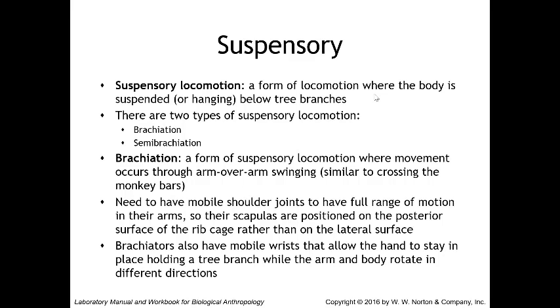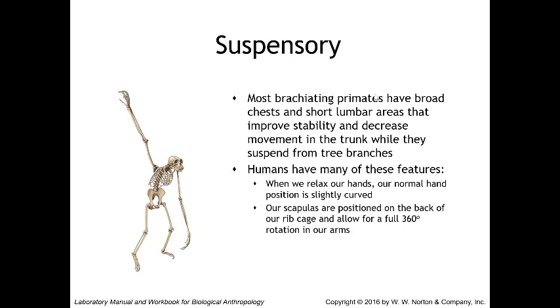So if you ever hung from a monkey bar, you know that your body can rotate around without having to readjust, right? Our wrists are mobile for that. So you can hold on top and your body can move in different directions. Most brachiating primates have broad chests and short lumbar areas that improve stability, and they decrease movement in the trunk while they suspend from the tree branches.